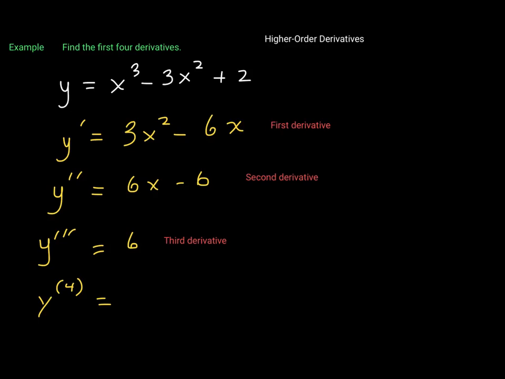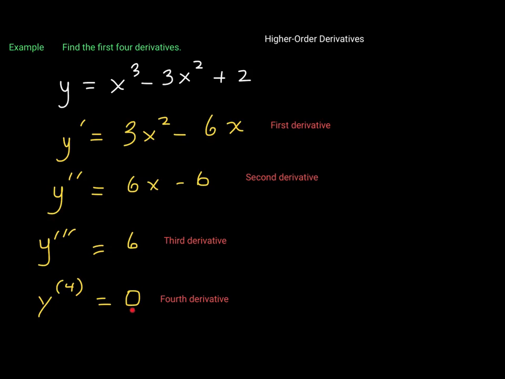Anyway, the fourth derivative is found by taking the derivative of the third derivative, but that's just a constant, so the fourth derivative is 0. What's true is that all polynomial functions, which is what we have here, have derivatives of all orders. So in other words, we can continue if we want to find the fifth derivative, the sixth derivative, the seventh derivative, and so forth. But what would the fifth derivative be?